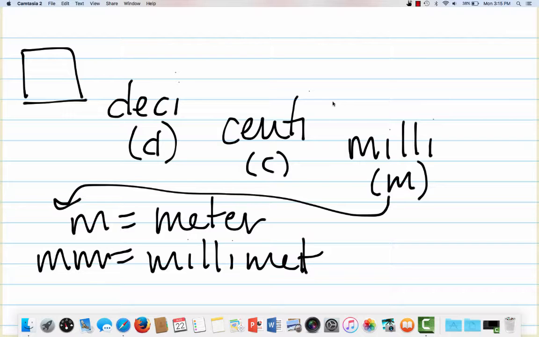That's a prefix. Prefixes always go on the very front of something, so it has to double up. None of these around outside of the box will ever be by themselves. You won't see something with just the D or the C or the DA or the K. They always have to be with one of those base units, the meter, the liter, or the gram.